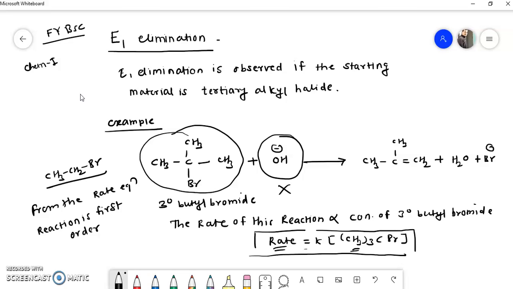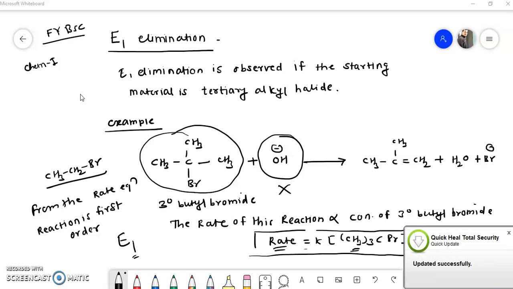That's why we say the reaction is of first order, hence it is called E1 elimination. The 1 stands for first order and E stands for elimination. It is a monomolecular reaction, therefore it is called first order elimination reaction, that is E1.